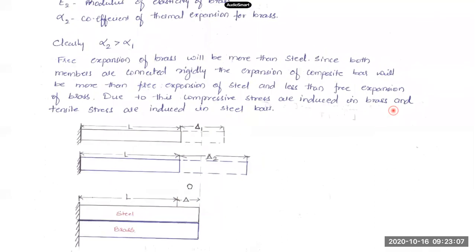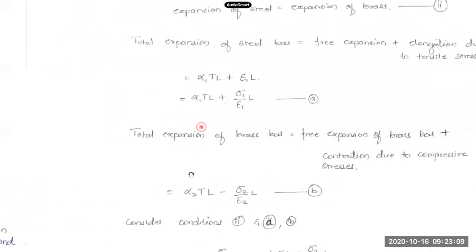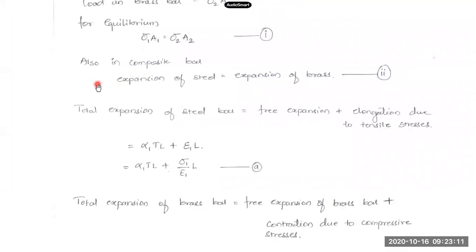Okay, so let us try to evaluate that. So what I have here is expansion in the composite bar, expansion of steel should be equal to expansion of brass, which is equal to delta here, right? Now what is the expansion of steel? Okay, in that composite bar, it will be free expansion plus elongation due to the tensile stresses. So what I said is in steel, tensile stresses will be developed because brass bar is trying to pull it beyond delta 1.